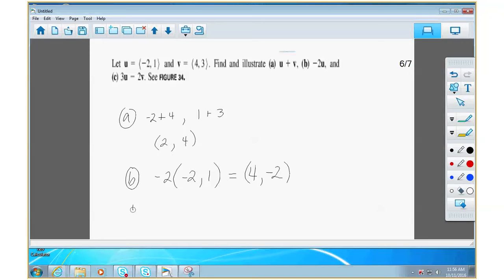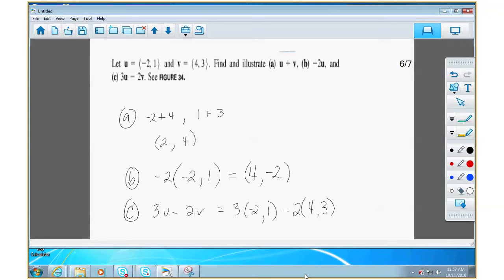And then C, I'm going to take 3 times u minus 2 times v. So 3 times negative 2, 1 minus 2 times 4, 3.